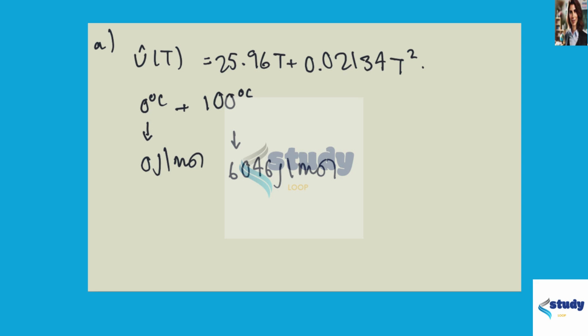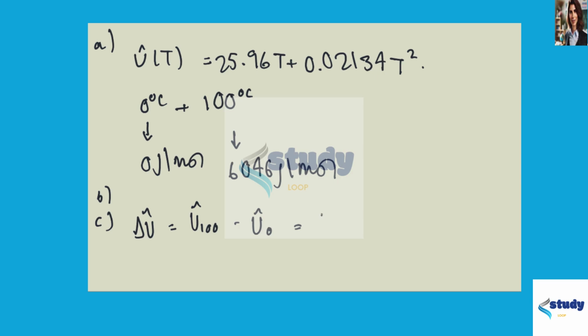So in the third part here, what we have is the following equation. So we discussed B, now we're on to C. So what we have is delta U hat is U hat at 100 degrees, take away U hat at 0 degrees.